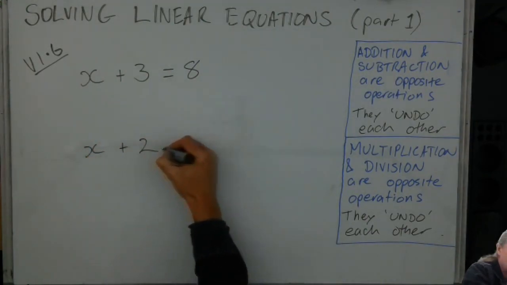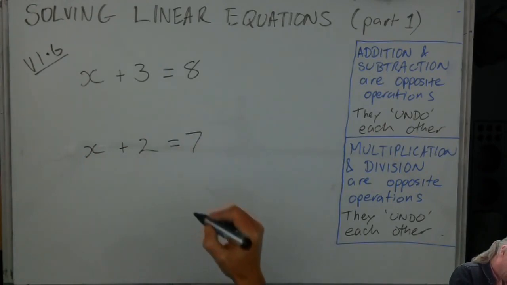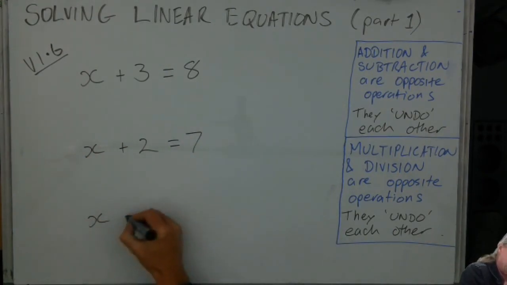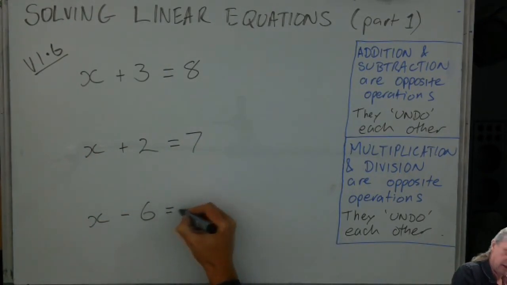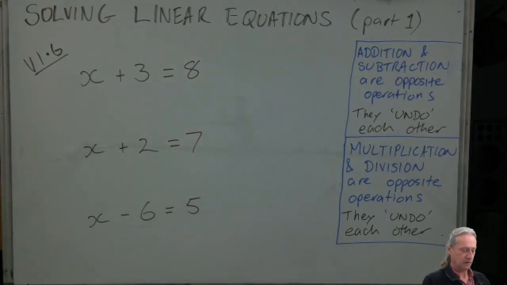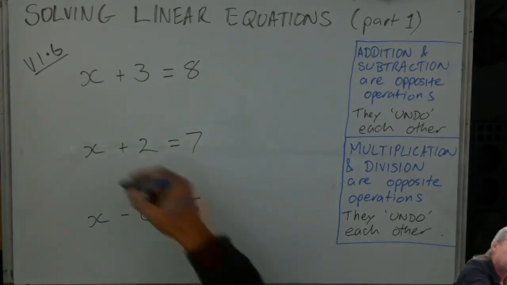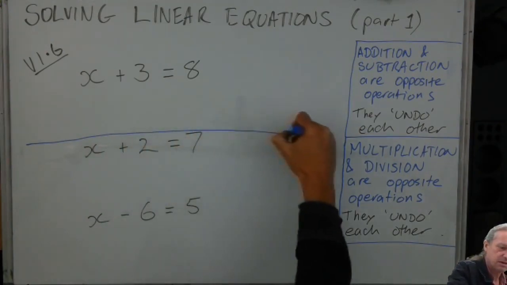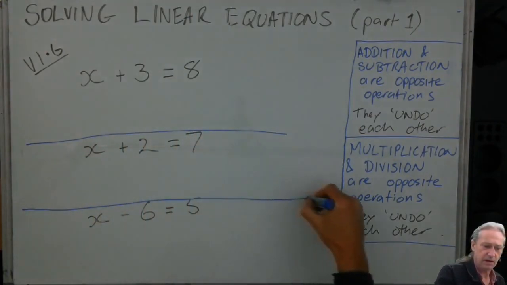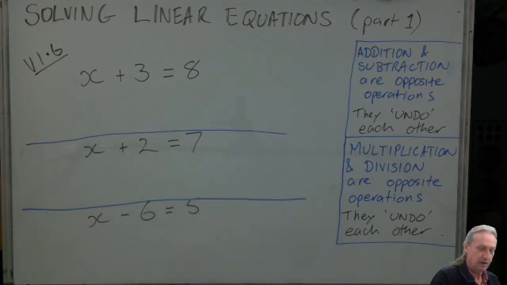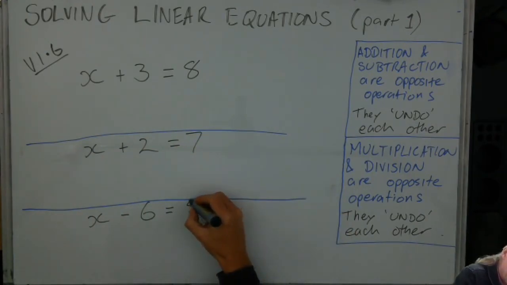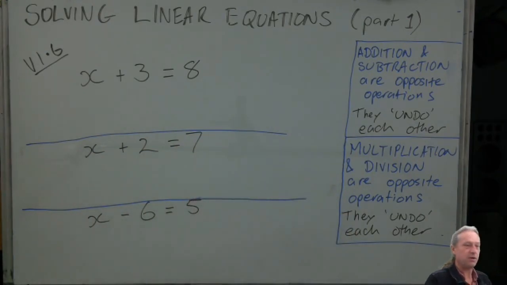X plus 2 equals 7. And x take away 6 equals 5. Okay, so let's just separate these. This is the first few examples. We've got quite a few of these.